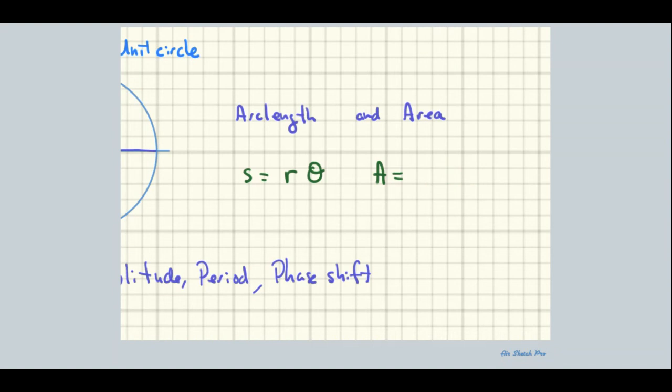And that ends up getting written all the time as 1/2 r squared theta. But what's happened here is that the theta stayed the same. We actually just integrated r and got the area from the arc length. All right, so again, you don't worry about what it means to be integrated or anything like that. We'll see formal definitions in calculus, but the basics are very simple for anything polynomial.